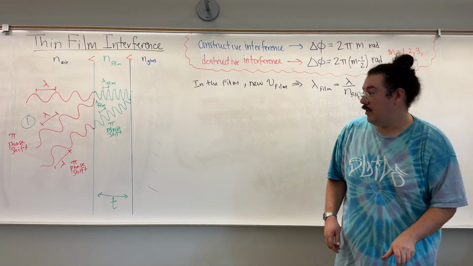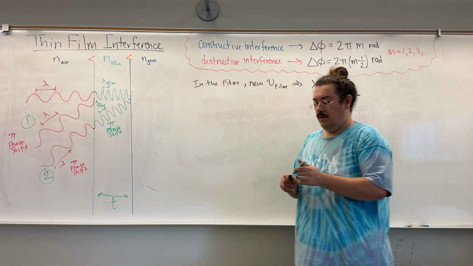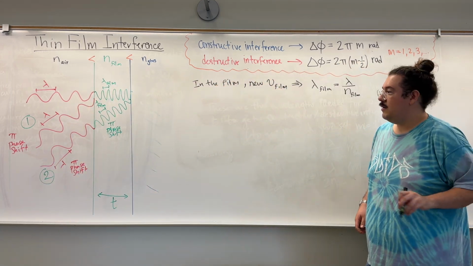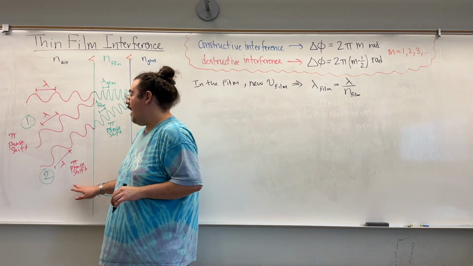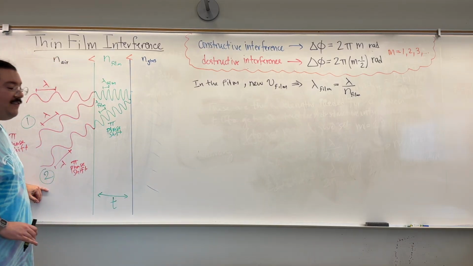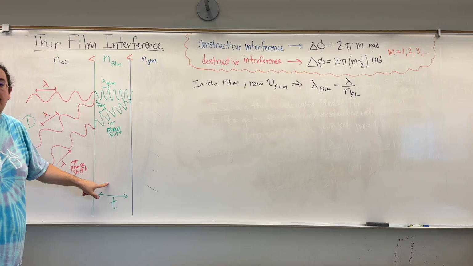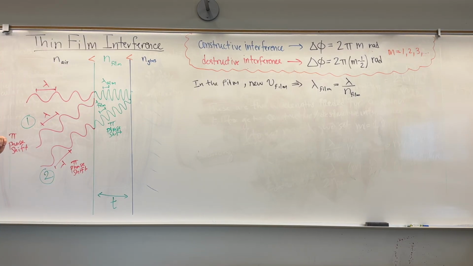So let's call this wave 2. So these two waves are now the same wavelength, have the same overall pi shift, but wave 2 traveled twice the thickness of the film more than wave 1.